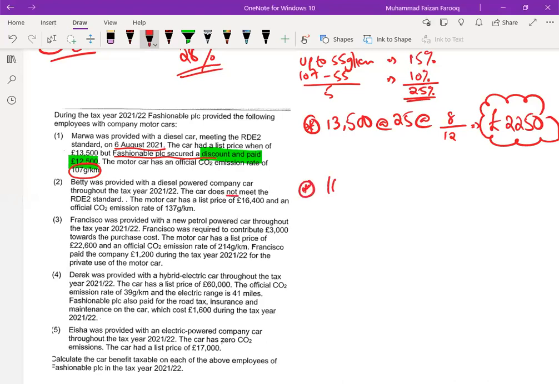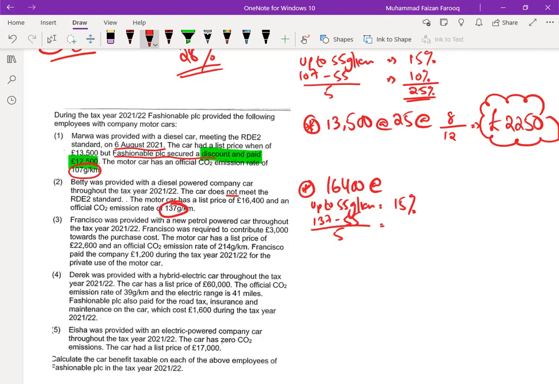Okay, so 16,400 into rate 137. Up to 55 grams, how much? 15%. And 137 minus 55 divided by 5 is coming to how much? 16%. 16?